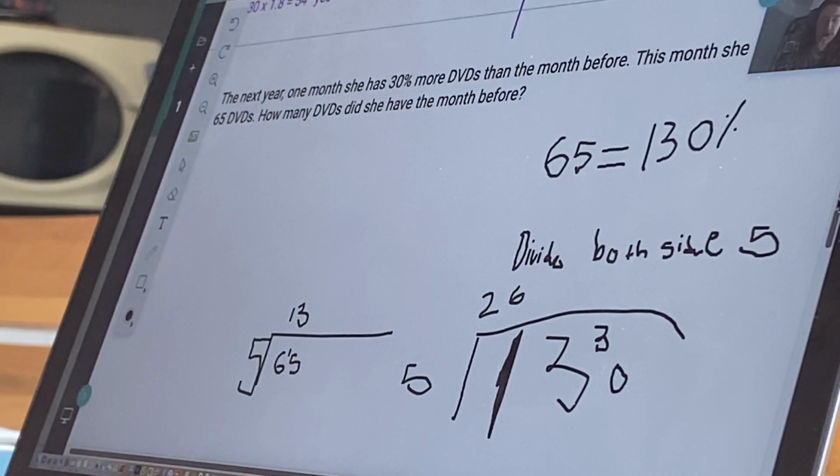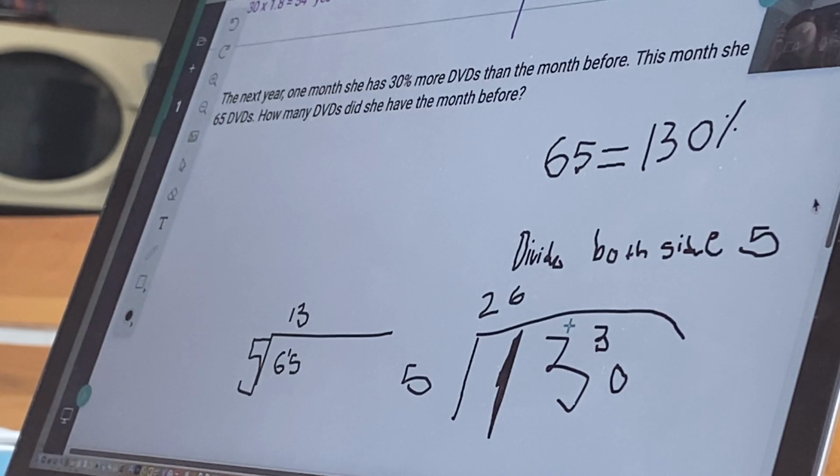So we've got the ratio 13 is equal to 26%. Can we simplify that even more? Because 26 doesn't go into 100, so we can't times it up just yet.